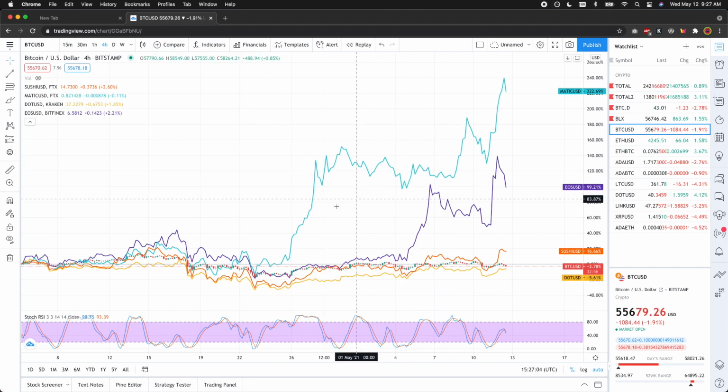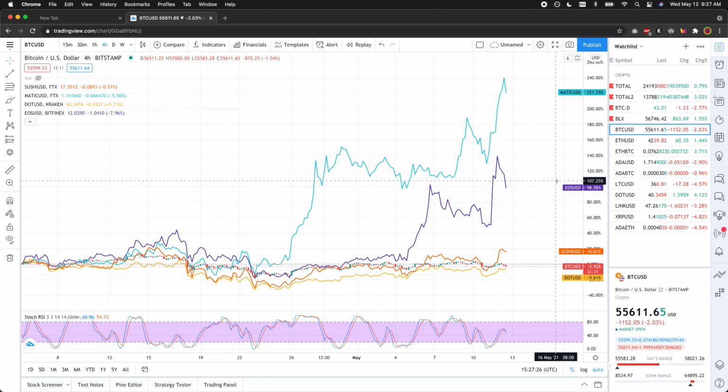Cool. So now if I look at this chart, I can still see the Bitcoin chart here underneath, but notice on the scale here, we've moved to a percentage scale because all of these coins have different prices against the US dollar. But what we're really interested in is that percentage change against the US dollar.